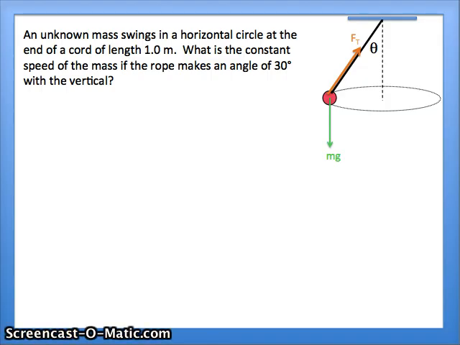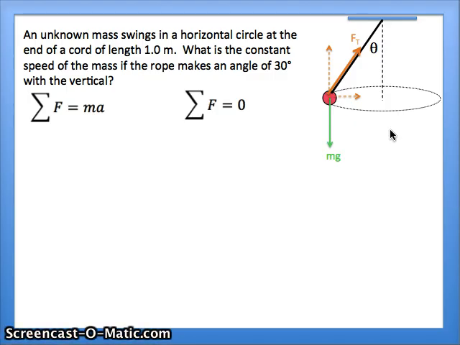Well, since I see I have an angle in the problem, and I can see that my forces do not correspond to just a single up and down direction or left and right direction, I certainly am going to have to deal with both an x and a y. So I would want to consider F equals ma in one direction where there is an acceleration, and then I'd want to consider all of my forces balancing in another direction.